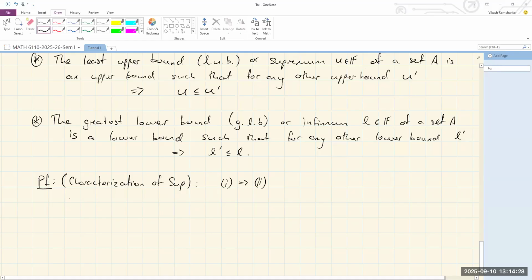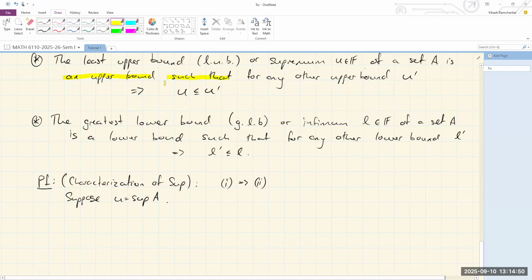So suppose U is the supremum of some set A. What was the definition I gave you? Over here, I said that the supremum of a set A is an upper bound such that this condition holds.